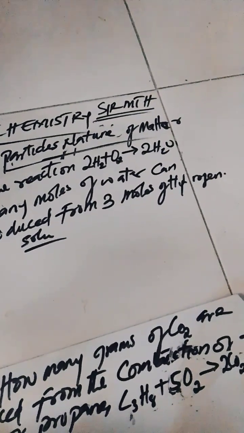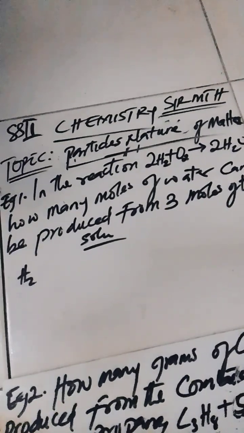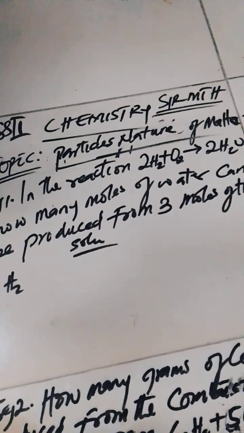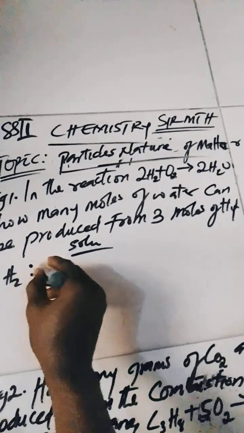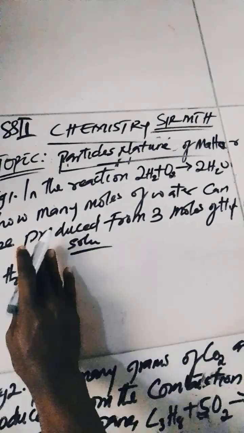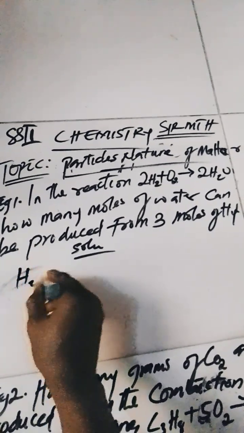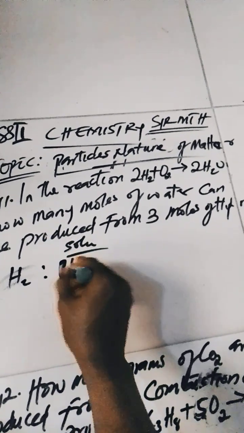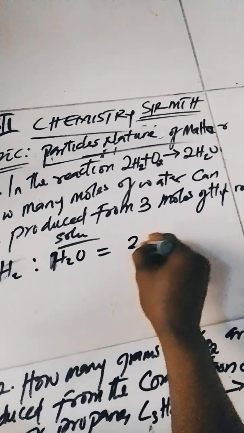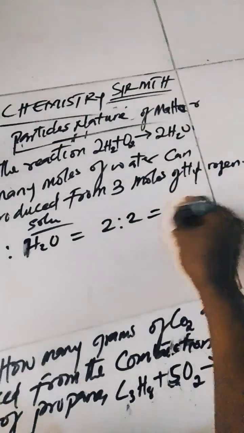And if I may say, 3 moles of hydrogen produced in this will be giving us hydrogen against water, which is 2 is to 2, which equals 1 is to 1. Are we there?